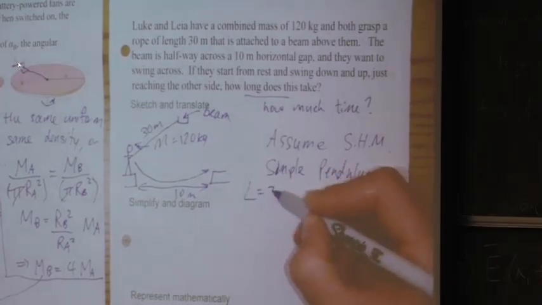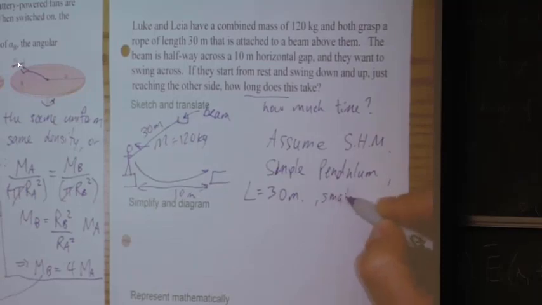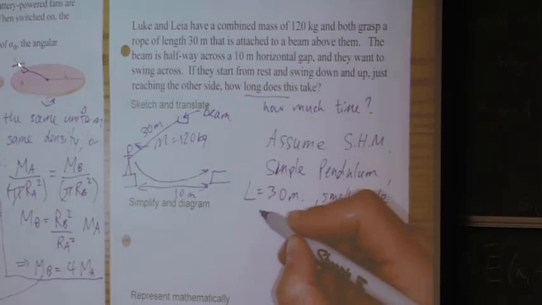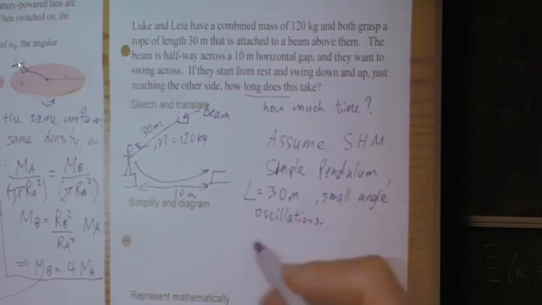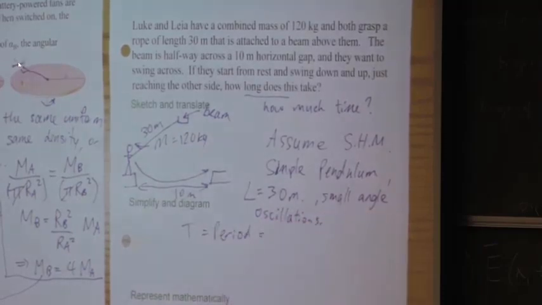L is equal to 30 meters. Okay, small angle approximation, small angle oscillations or vibrations. And what's happening is that the period is the time for one complete oscillation.